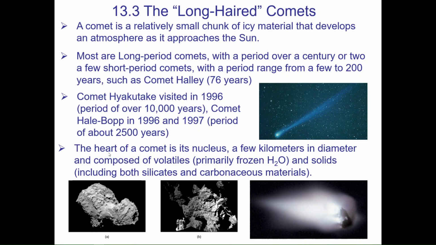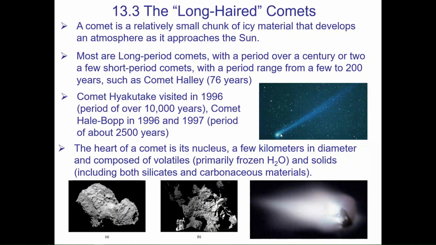The heart of a comet, we call its nucleus. Most ground-based observation instruments, such as telescopes, will not be able to see the details of the nucleus, because the nucleus is deeply embedded inside the atmosphere of the comet.